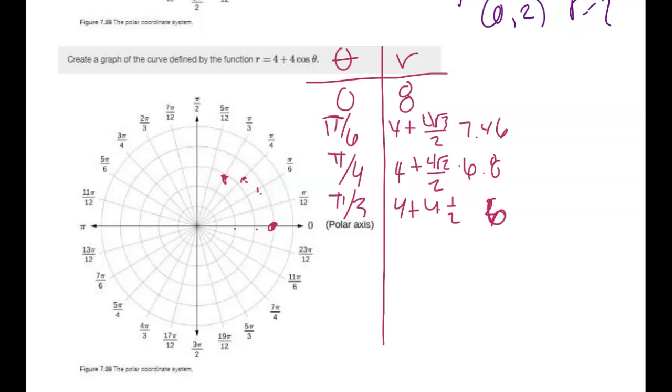Okay, so then what is pi over 2? Well, cosine of pi over 2 is 0. So at pi over 2, I need to be at 4. And then let's do 2 pi over 3. So 2 pi over 3 is 4 plus 4 times negative 1/2, right? So I'm at 2.